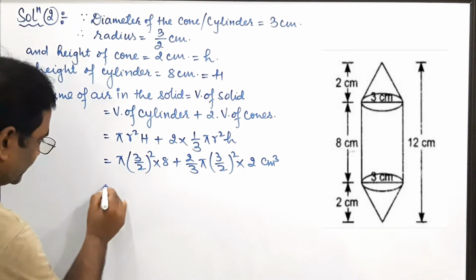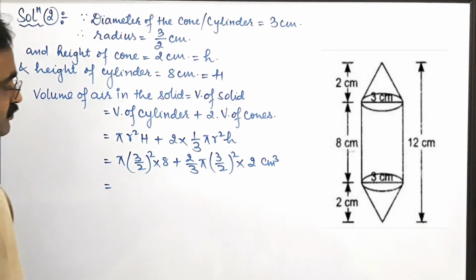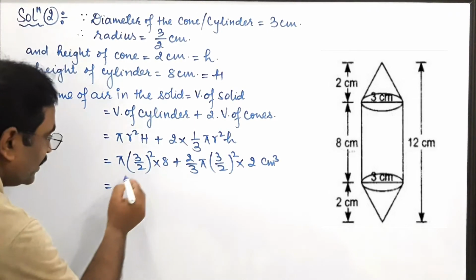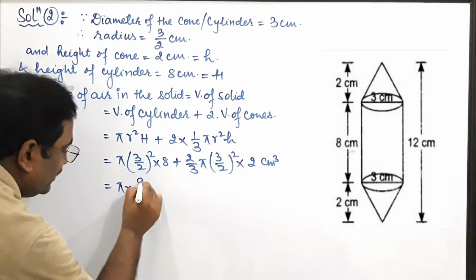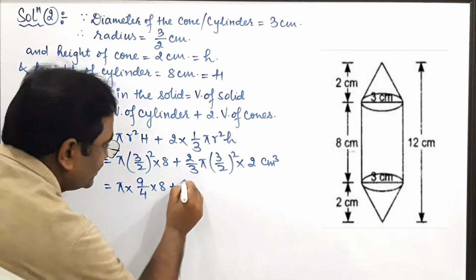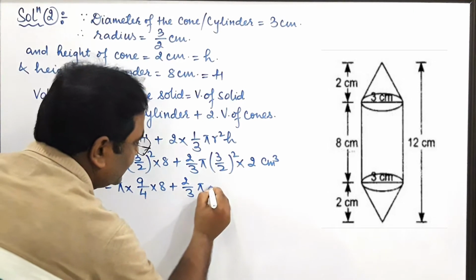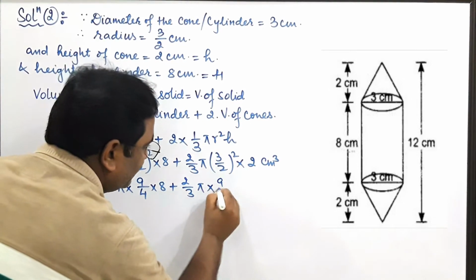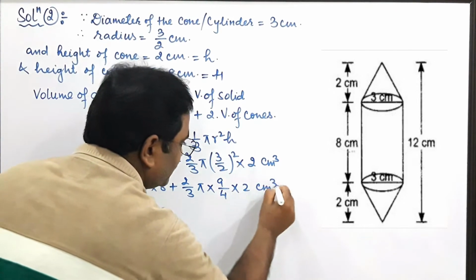This can be written as pi into 9/4 multiplied by 8 plus 2/3 pi into 9/4 multiplied by 2 cubic centimeter.